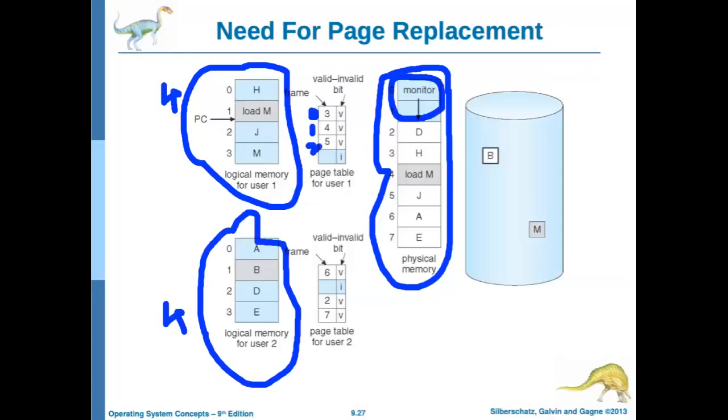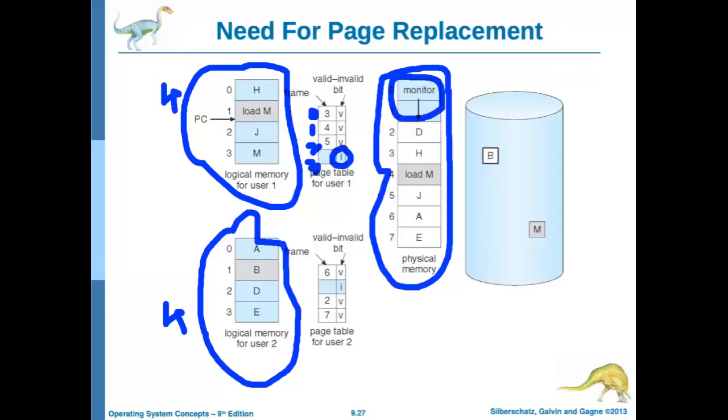The first 3 pages have been loaded at frame numbers 3, 4, 5. So H is loaded here, M is loaded here, J is loaded here. Note that the 4th page of process 1 is not loaded. So the valid-invalid bit says it is I, invalid. It is not loaded there.